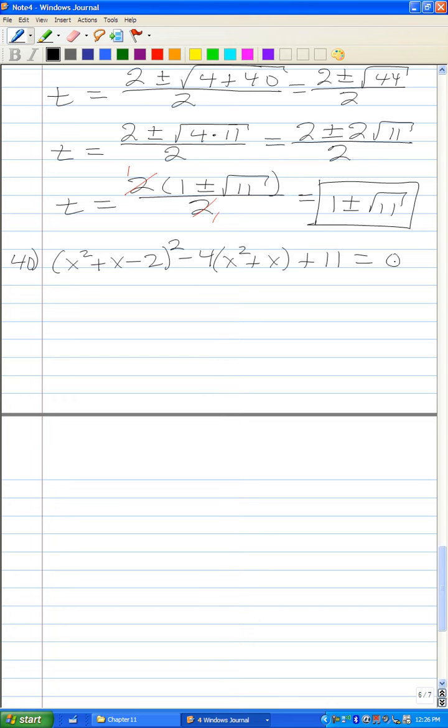So in this case, let's see what I called it before, t equal x squared plus x minus 2.